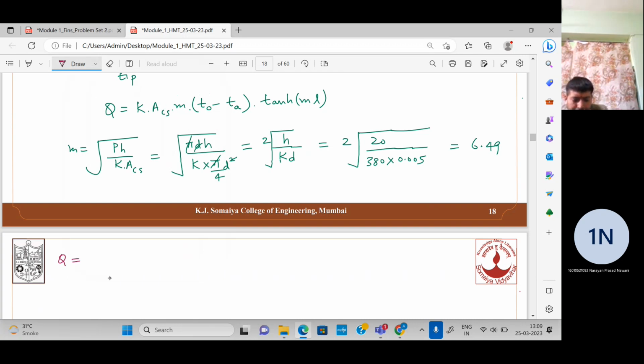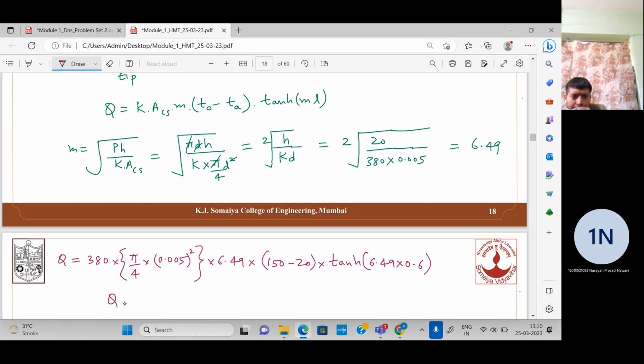So Q is equal to K 380 into cross sectional area pi by 4 into d square. d is 0.005 squared, into m. m we have calculated, 6.49, into T naught minus T a. T naught is 150, T a is 20, into tanh(mL). m is 6.49 into L, the length given is 600 mm, that is 0.6 meters.